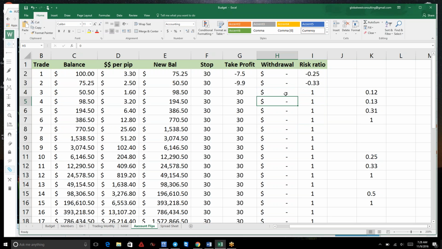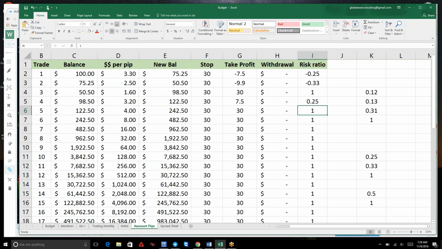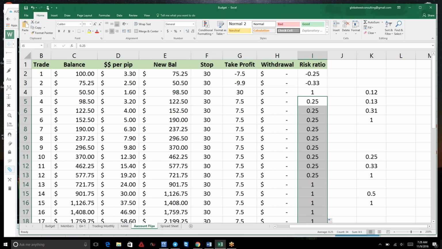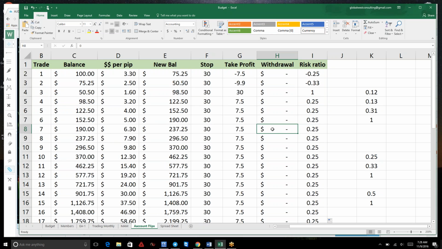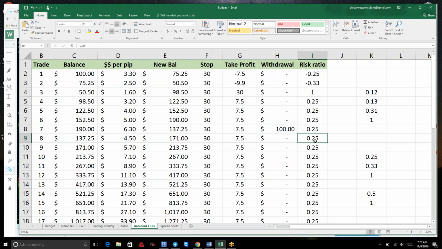See how we're back up to basically 100. These aren't precise numbers, but you get the idea. It gets back up to 100, and it continues again at 25% until it's house money. And it doesn't withdraw, but it stops, and that's only considering the profit from its trades.